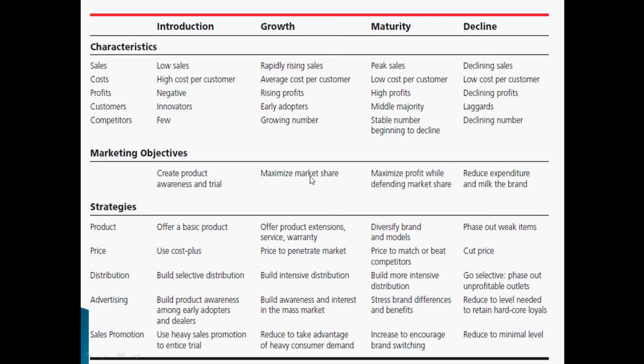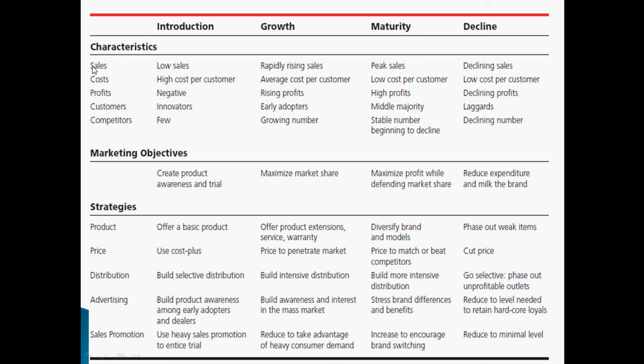Maximize market share. The marketing objective of maturity is to maximize profit while defending market share. And the marketing objective in the decline stage of this life cycle is to what? Reduce expenditure and milk the brand.